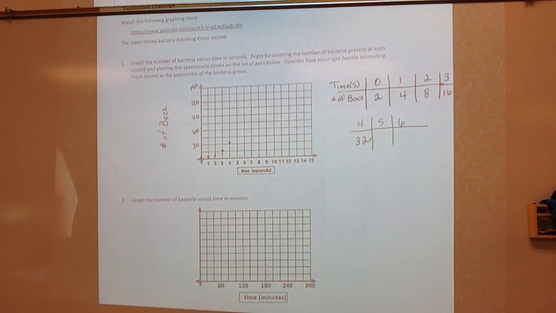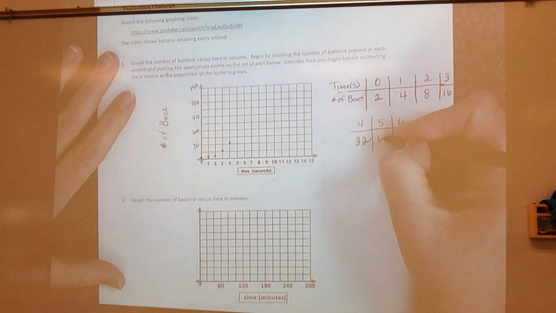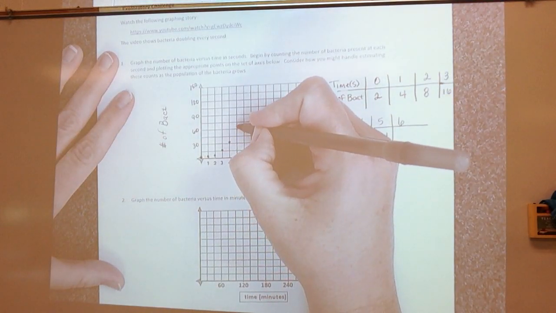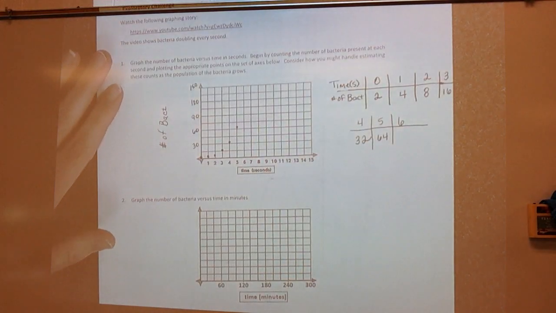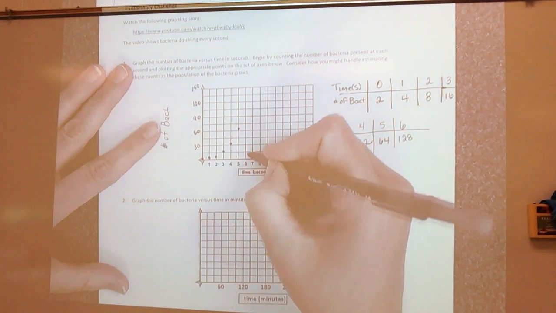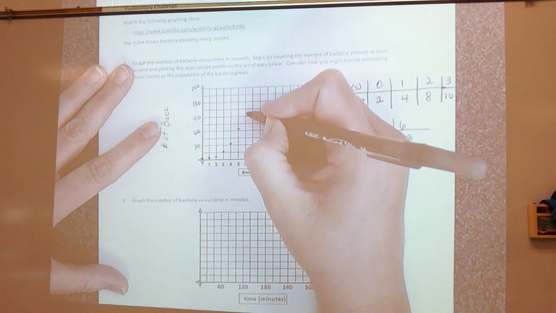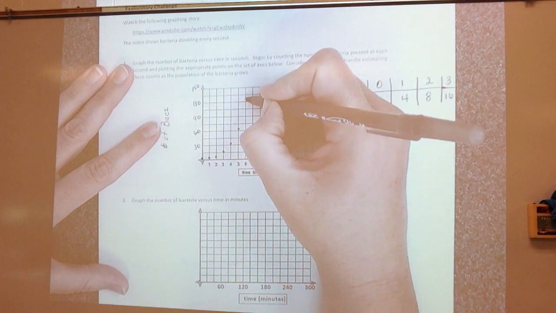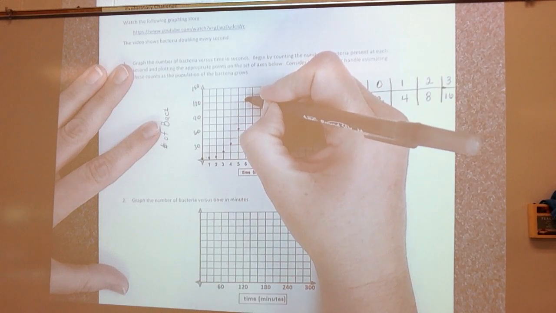Then 32 plus 32 is 64. So at 5 seconds, it's going to be about 64 bacteria. And then 64 plus 64 gives us 128. So at 6 seconds, I have gone to over 128.